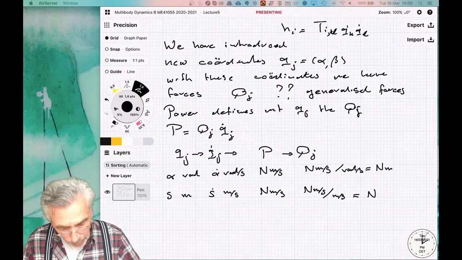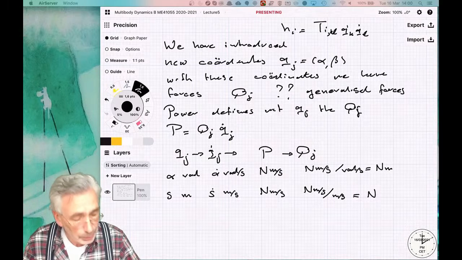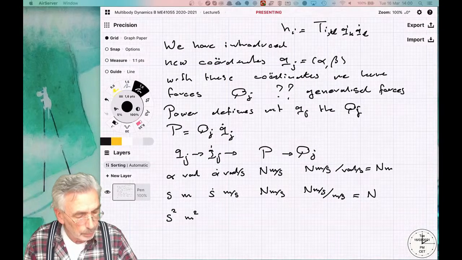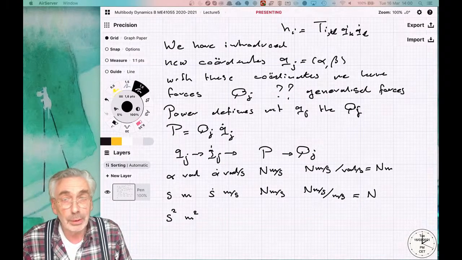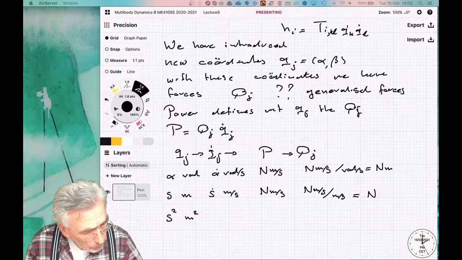What if you define a thing like, well, let's be crazy. Let's say we have something we call s squared, and that's meter squared. I mean, I don't know, some people do strange things, right? Then for the speed of this generalized coordinate, what do we get? Well, we get meter squared per second.